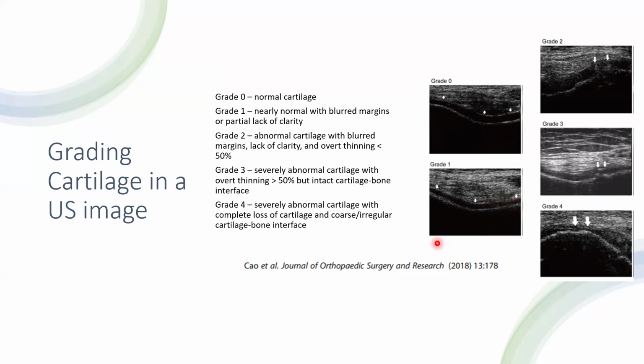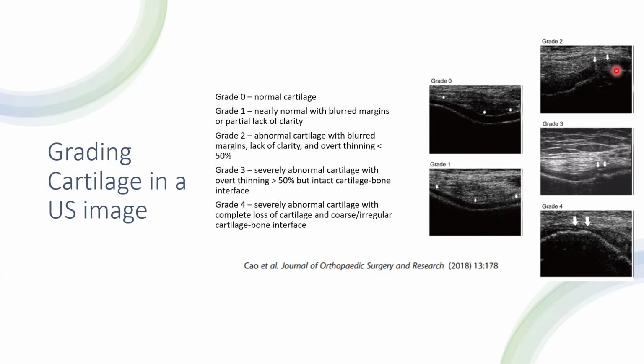But if you measure the thicknesses, they're all about what they should be. There's no real obvious defect here. This is just the very early stages of a little wear and tear, probably fairly common with age. It's very likely this person doesn't feel any symptoms even. Like I said, I would grade my knees personally as a grade 1, and I don't feel any symptoms, at least not yet, knock on wood.